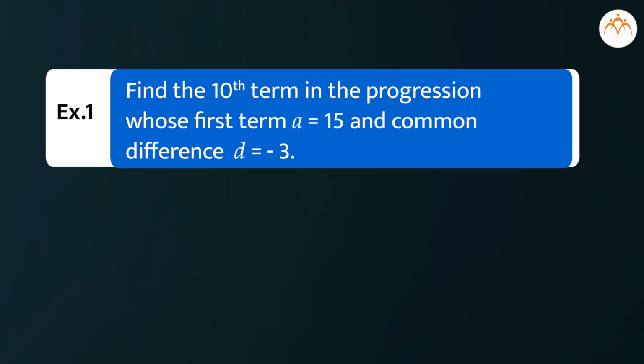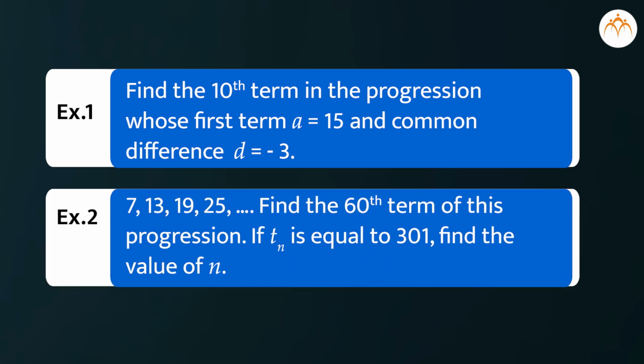Exercise. Find the 10th term in the progression whose first term A is equal to 15 and common difference D is equal to minus 3. For the progression 7, 13, 19, 25, find the 60th term. If Tn is equal to 301, find the value of n.